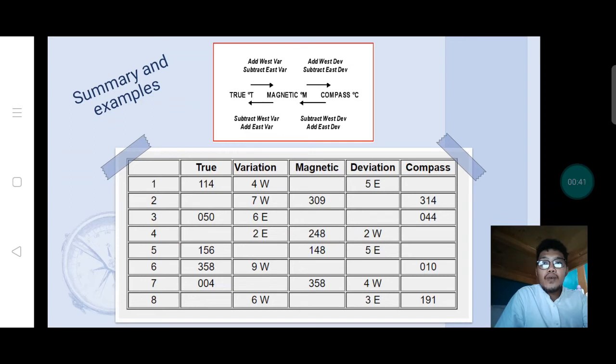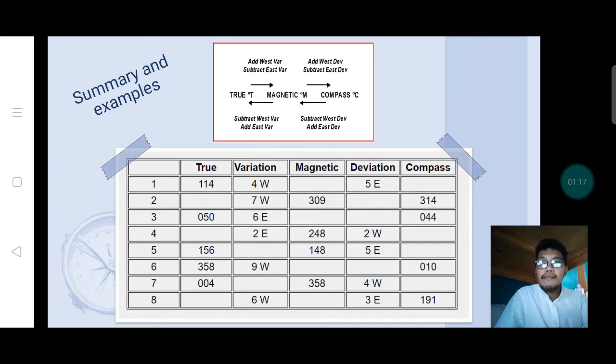So while moving from right to left, the CDMVT, we subtract west when the variation is west, and add east when the variation is east, and subtract west when the deviation is west, and add east when the deviation is east. So moving right to left, the CDMVT, we always add east and subtract west, no matter if it's variation or deviation. We just look at the symbols.